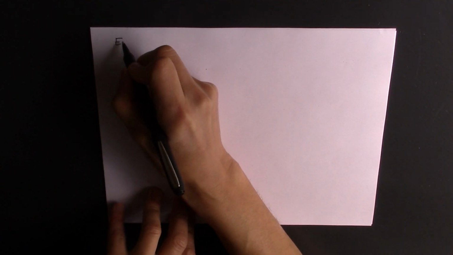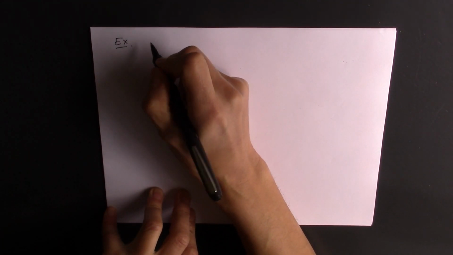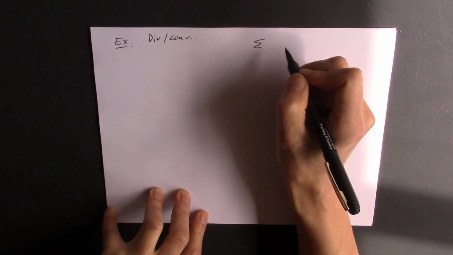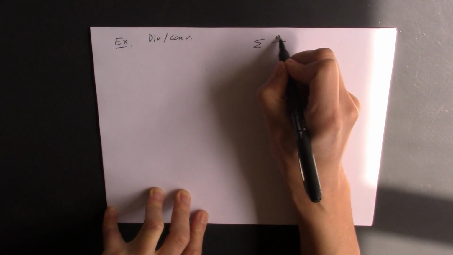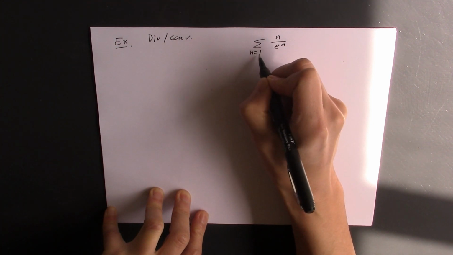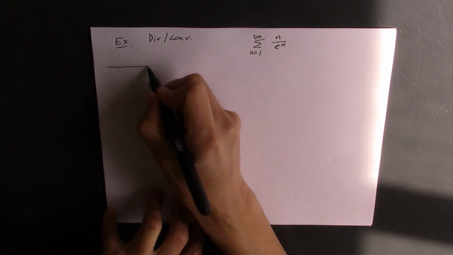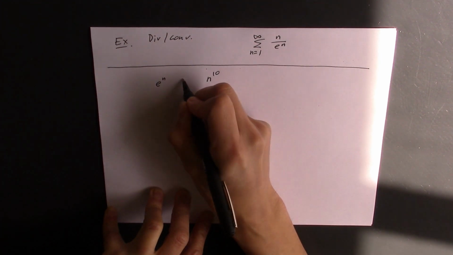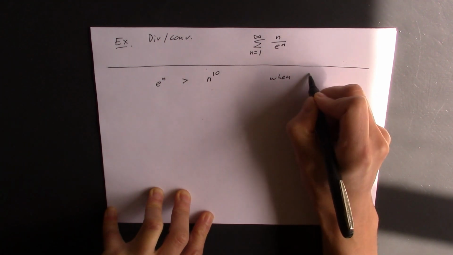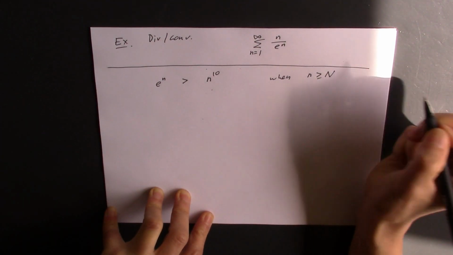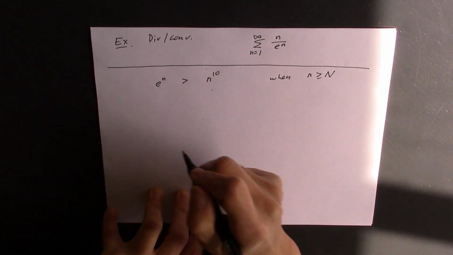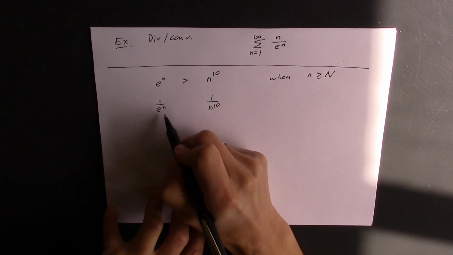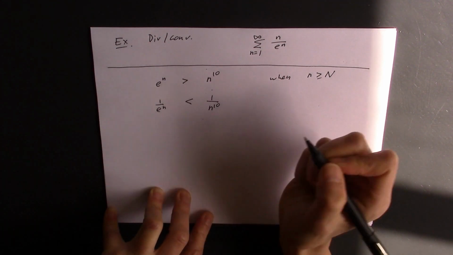Next example, we still want to determine whether the series diverges or converges, and we want to look at the series n over e to n, from 1 to infinity. e to n is bigger than n to the 10 when n is big, say when n is bigger than or equal to capital N. Thus, 1 over e to n and 1 over n to the 10, if you divide by a bigger number, we're going to get a smaller fraction.